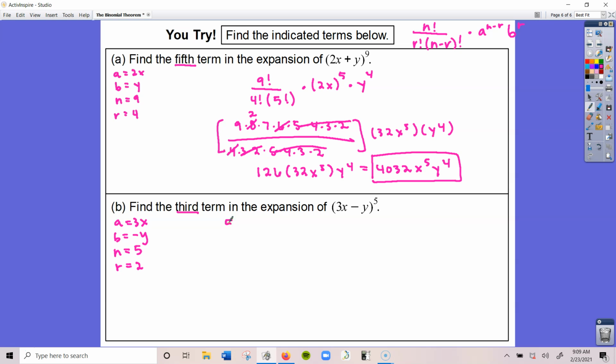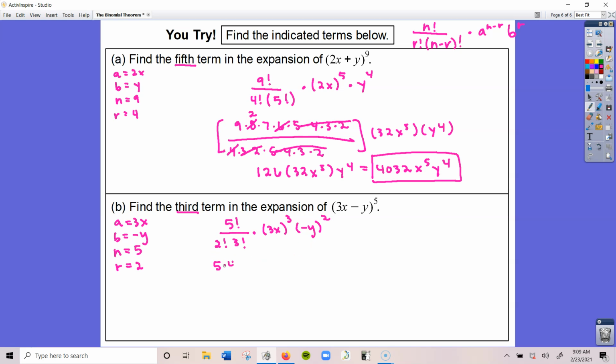N factorial is 5 factorial over r, so 2 factorial, times n minus r, so 5 minus 2 is 3 factorial, times a, 3x, raised to the n minus r, so 3, times negative y, which is b, raised to the r, so 2. So now let's work this out.